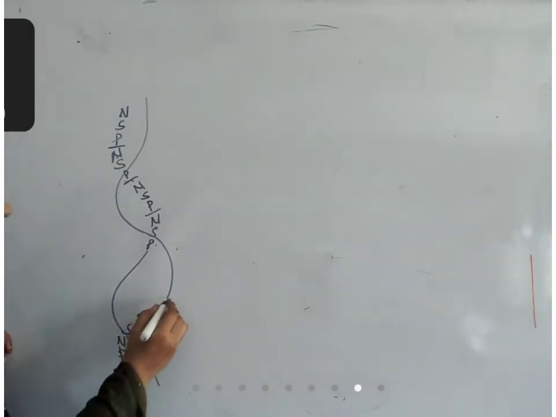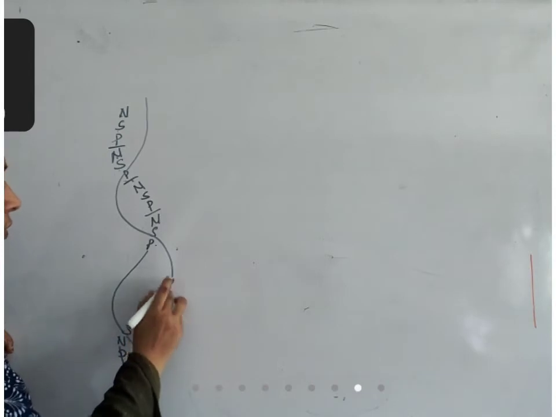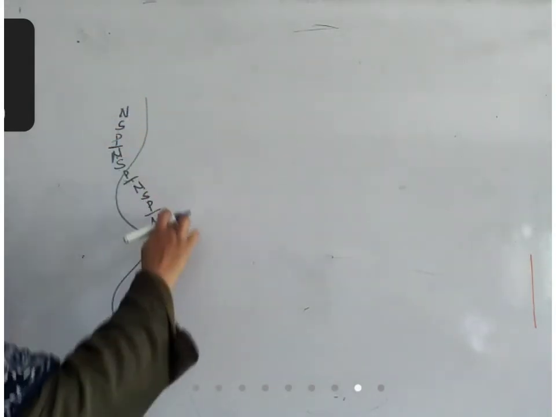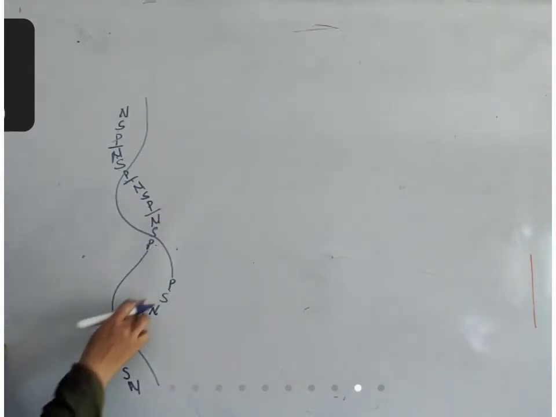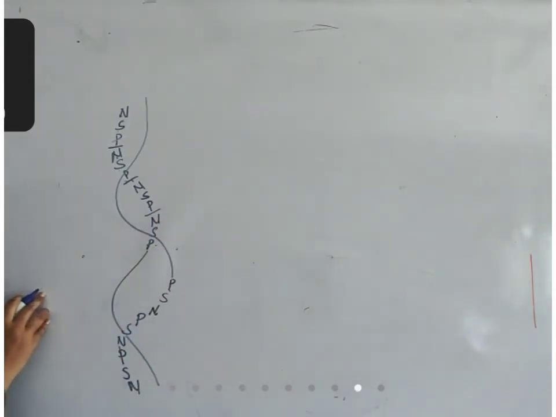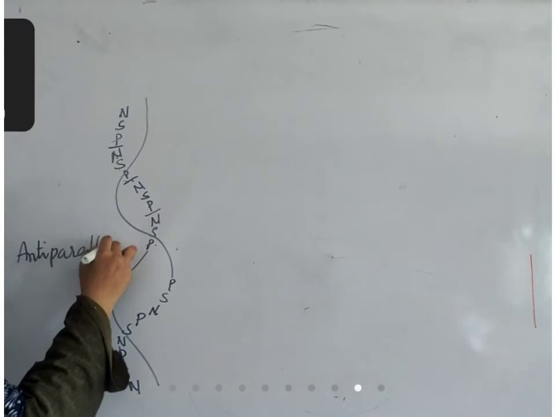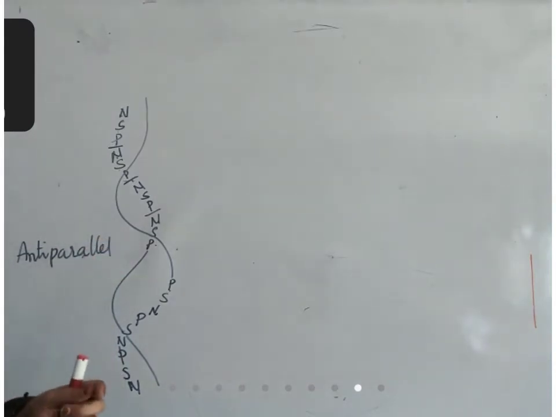Nitrogen base, sugar molecule, phosphate. So if this strand started from this direction, this strand started from this direction. That is why these two strands are said to be anti-parallel to each other. Each strand is anti-parallel to the other strand.